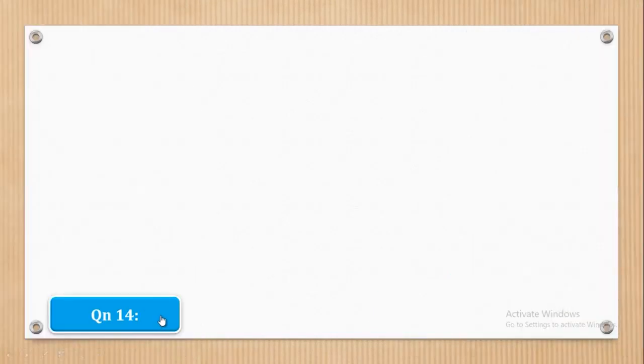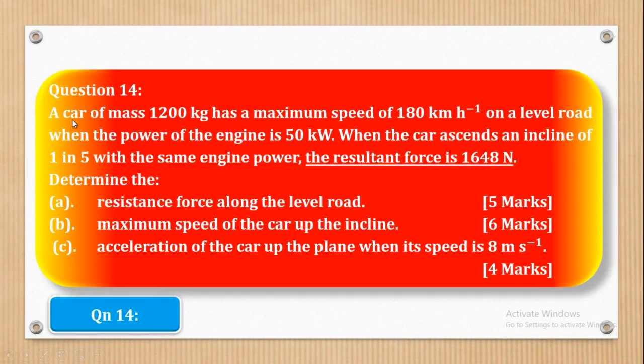Now we shall go to question 14. Question 14 says a car of mass 1,200 kilograms has a maximum speed of 180 kilometers per hour on a level road when the power of the engine is 50 kilowatts.